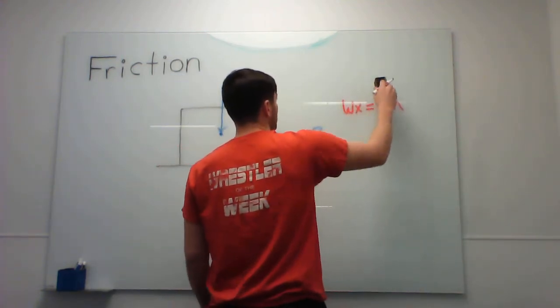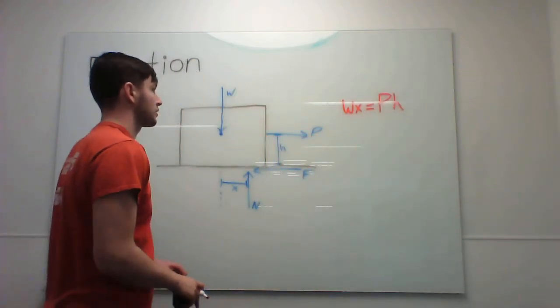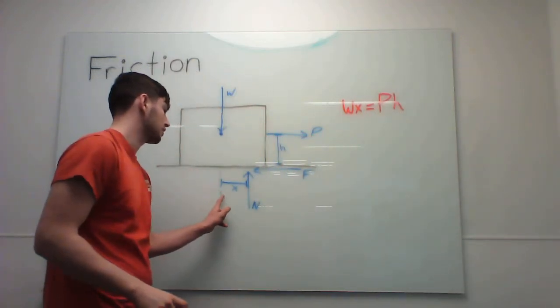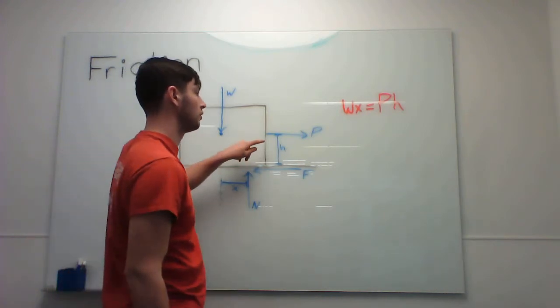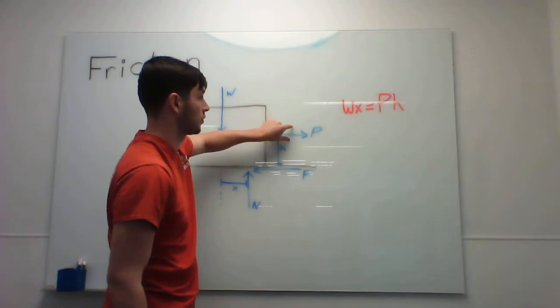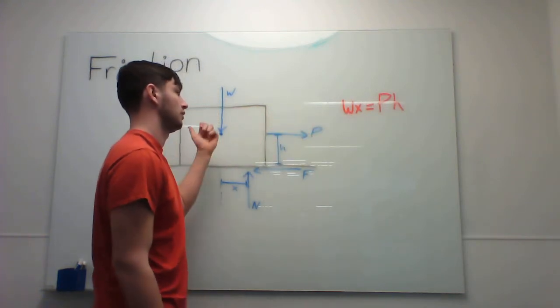So the weight of the box times the distance it is away from the normal force is going to be equal to the force it's pulled by times the height above the ground.